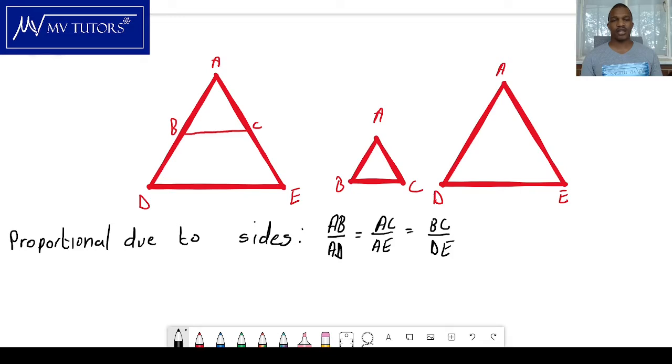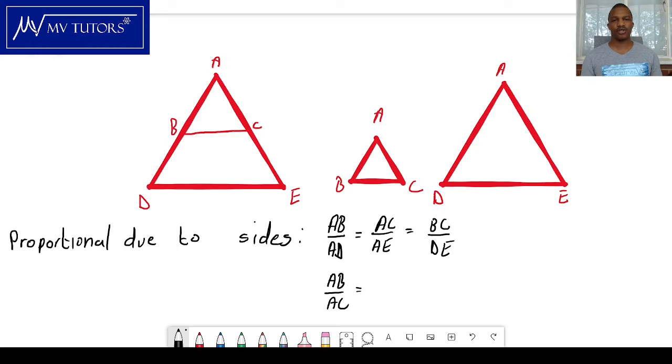But that's not all. That's not the only configuration. There's another one where you can actually take two sides of the small one instead of one side and equate it and proportional to another side of the big one. But you can take two sides now. You can then say, let's take AB divided by AC on the small one, two sides instead of one side.